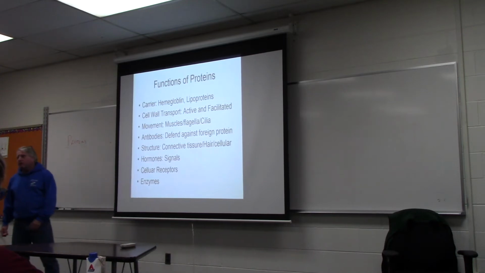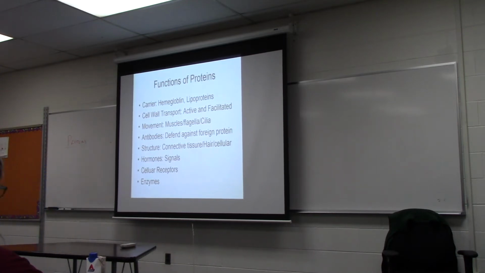Structure: your connective tissue, hair, fingernails. The cell also has its own structure, and so when you go inside, there's all kinds of little structures that we don't even talk about. You wouldn't even know about them if you weren't in this class. You can just be ignorant to them.